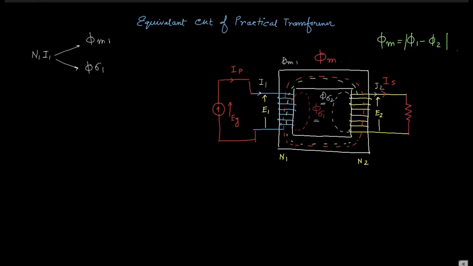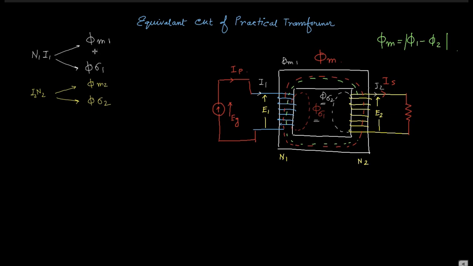Likewise, I2 into N2 has two components. One is phi m2 and the other is phi sigma 2. What is phi m1? Phi m1 is that red dotted line. What is phi m2? That is the green dotted line.